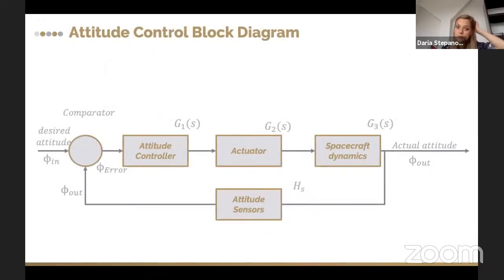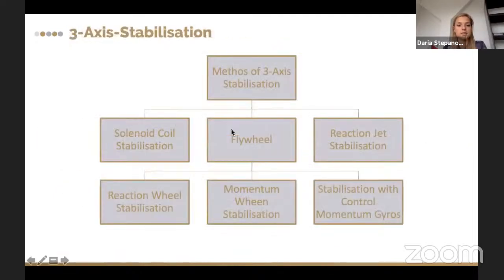In terms of attitude control performance, there's normally a pretty simple controller. We have the desired attitude, we have the attitude measured by the sensors, we feed the signal to the controller, which controls actuators and changes the spacecraft dynamics. There are several ways to provide stabilization.